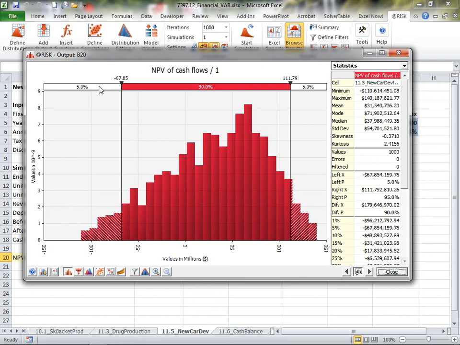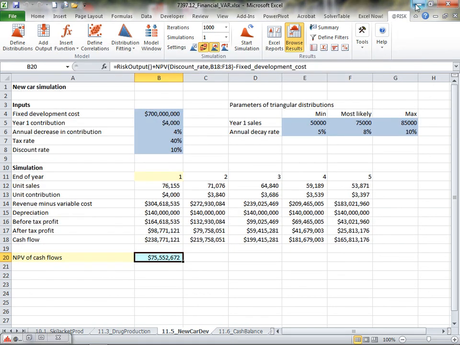Okay. So here's the deal. You now have enough understanding of financial modeling and value at risk to do the case study.